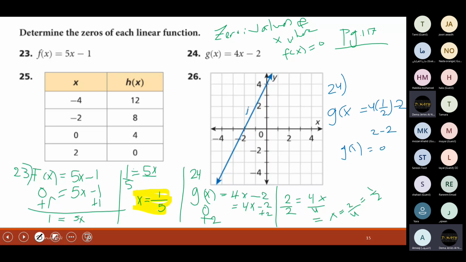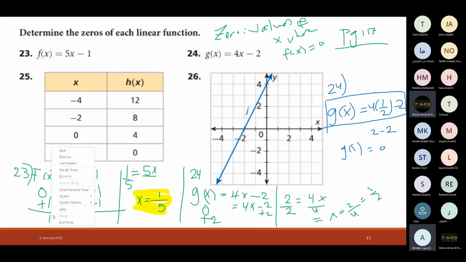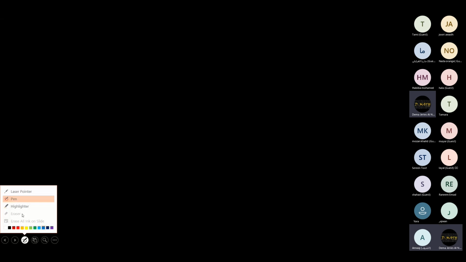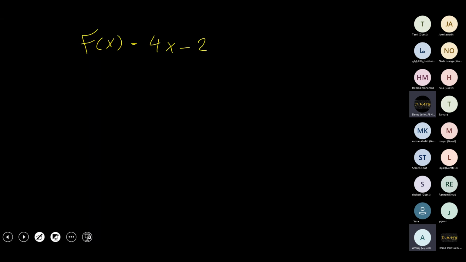Here in number 24, we have g of x equals 4x minus 2. Now, f of x or g of x, anything, it's equal to 4x minus 2.